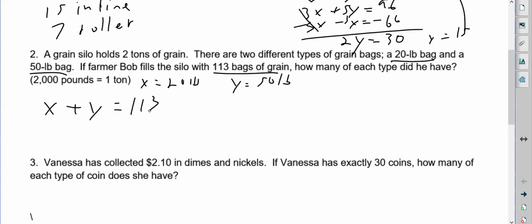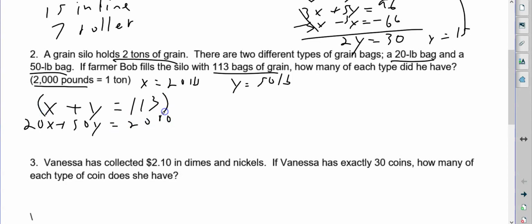Now, there's 2,000 pounds is 1 ton. The silo holds 2 tons of grain. Okay, so 20x plus 50y equals 2,000.